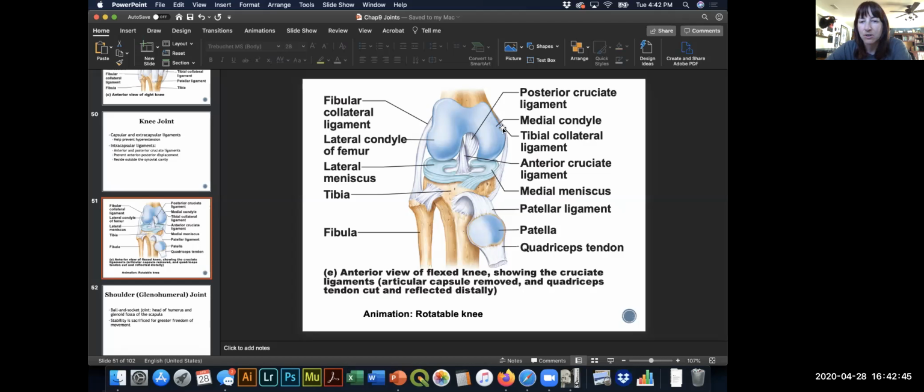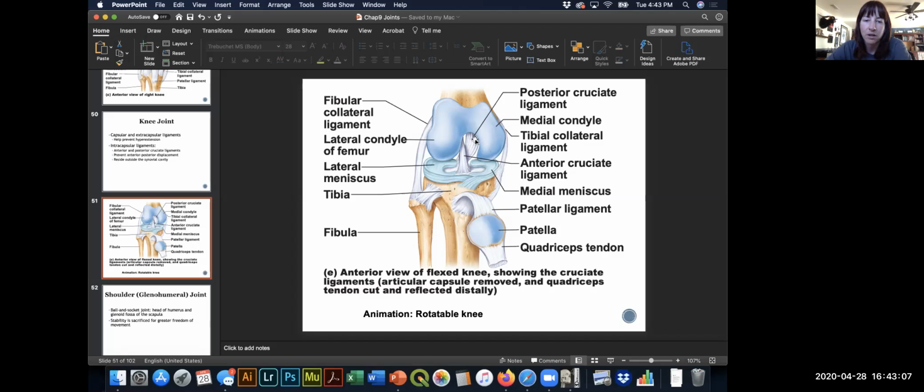So basically interacting or attached to the corresponding bone. Since the fibula is always lateral, then we know that this is the fibular or the lateral collateral ligament. And since this one's attached to the tibia, we know that it is the tibial or medial collateral ligament.